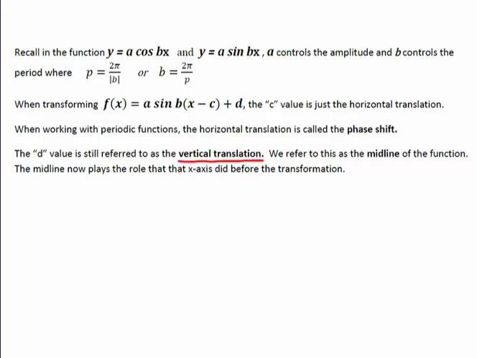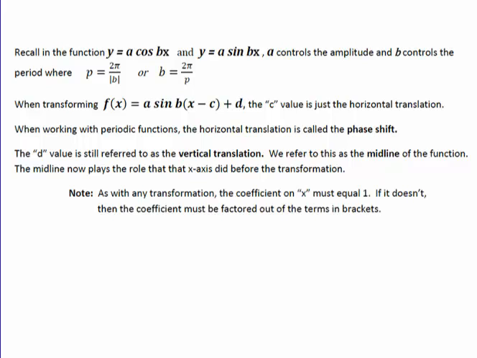And remember, vertical translation is how far up and down the function has been moved. Now, this vertical translation moves what's called the midline of the function. The midline of the function now gets shifted up. And this midline plays the role that the x-axis once did before the transformation. And that's going to become a little bit clearer as we look at actually sketching and transforming these functions.